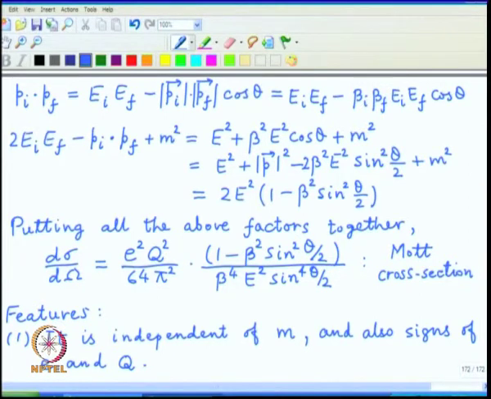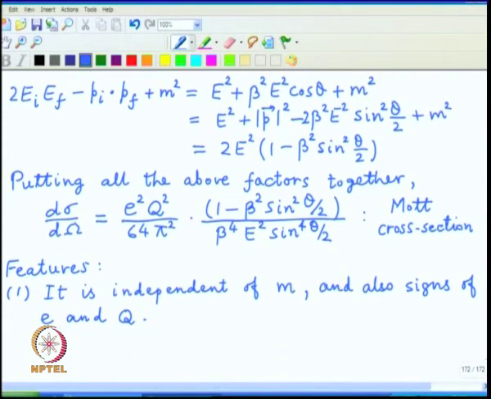But the cross section, when one sums over all the different impact parameters, turns out to average between the opposite signs of impact parameters, and it ends up being independent of the sign of both e and Q. These properties are actually true only in this leading order calculation.